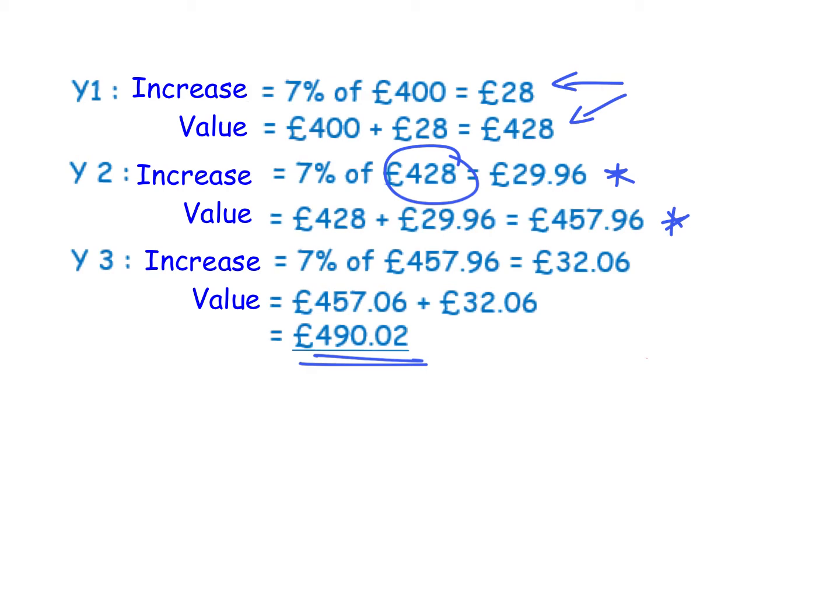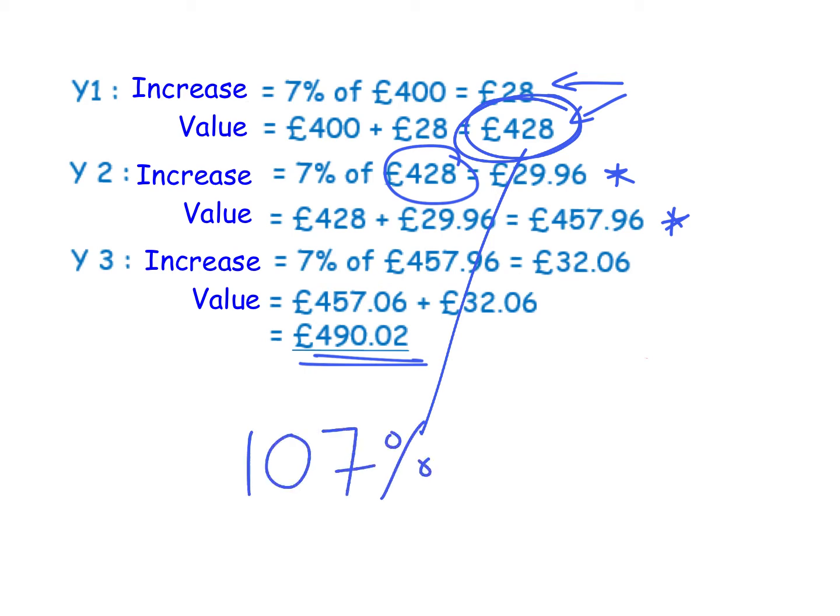We're used to finding the percentage first, getting that value and then adding it on to the original amount. If you think of that original amount as full price, then you're paying 100%. If the original amount is 100% and you're adding on 7% of that, then the value at the end of year 1, this 428, is the equivalent of 107%.